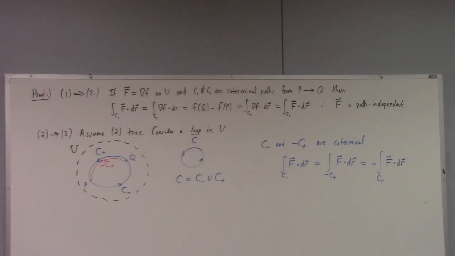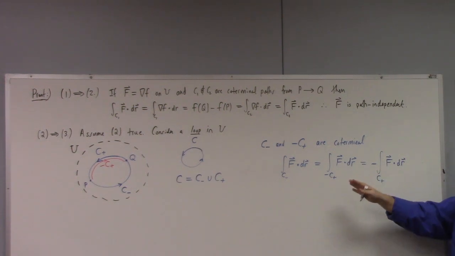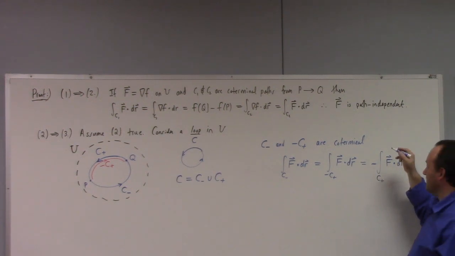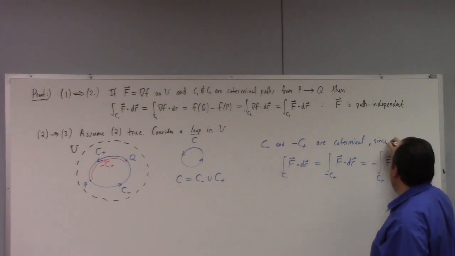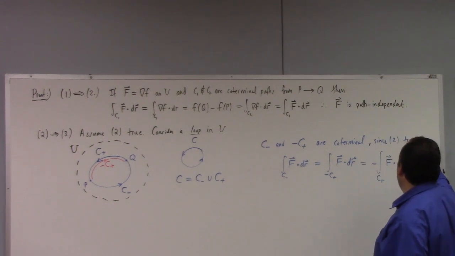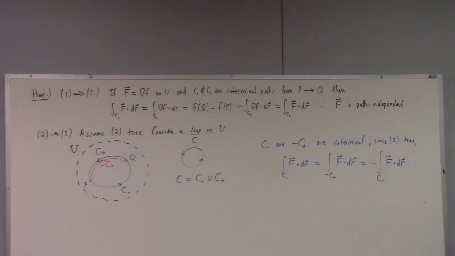It's an oriented integral. So how did I get to say this is equal? Thus by path independence, since 2 is true. We're assuming 2 is true, path independent, so we have equality of those.